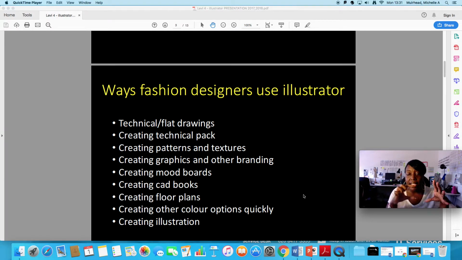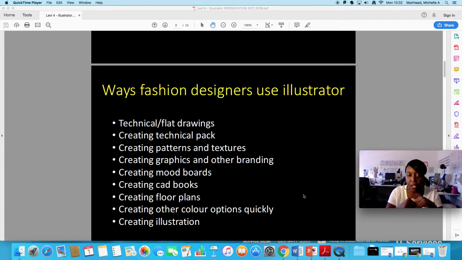So they will CAD the other colours using your technical drawing to give an example of what other colour options someone can purchase as a client. You might find that this is called a CAD book, selling book. People call it different things, but essentially it is a selling tool that's used within the industry that incorporates your technical drawing.